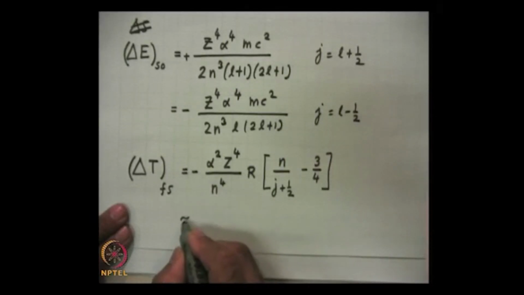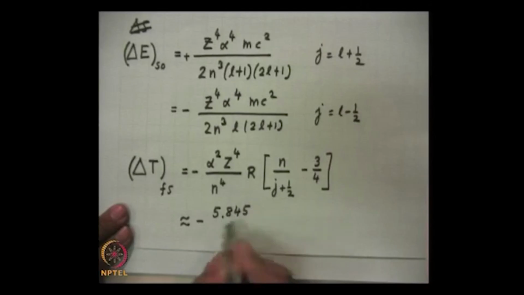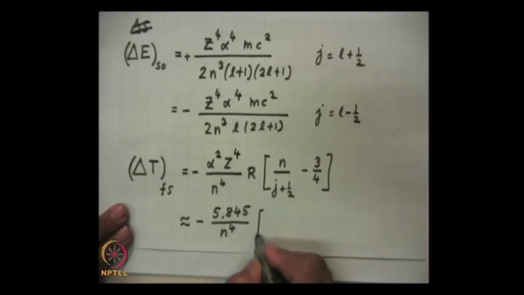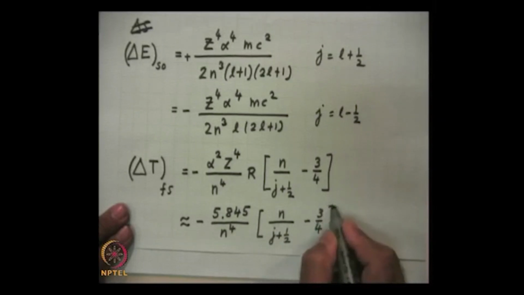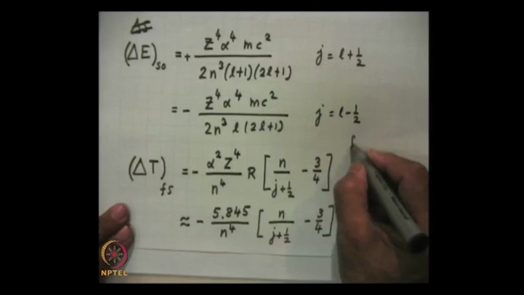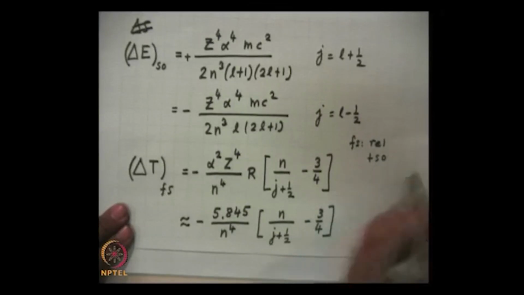So, for hydrogen this comes out to be a very simple number, 5.845, divided by n to the power of 4, n by j plus half. It does not really depend on the L value. This fine structure is the relativity correction plus the spin orbit correction.